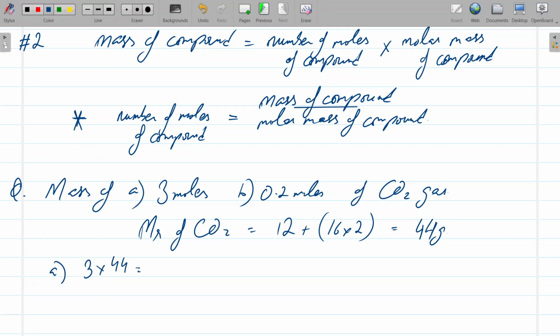That gives me what? 132 grams. So that's applying number of moles times molar mass of compound. Right, so 44 times 3. And similarly, 0.2 into 44, which gives me 8.8 grams.